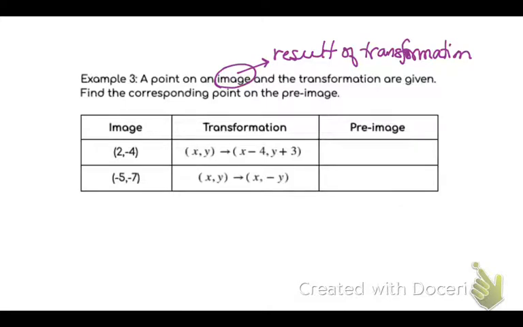And we want to find the corresponding point on the pre-image. The pre-image is where we started before the transformation occurred. So in this example, we're actually going to be working backwards. We're starting with the point (2, -4), which is the image.